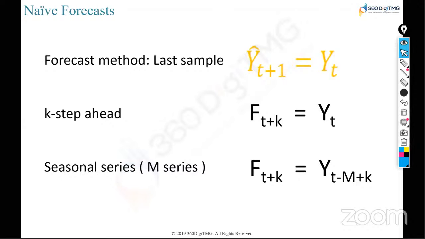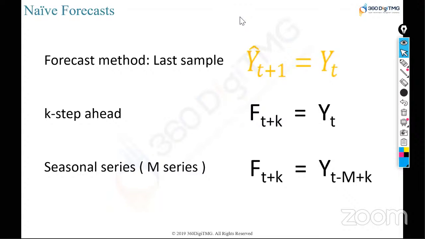So the capital M there is the length of seasonality. Now we were talking about the error. When we discussed the last sample method and all those things, we were talking about the errors. What do you do with the errors?